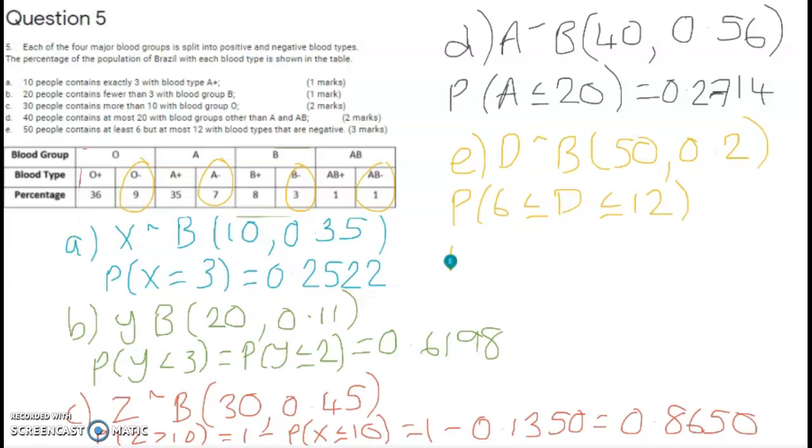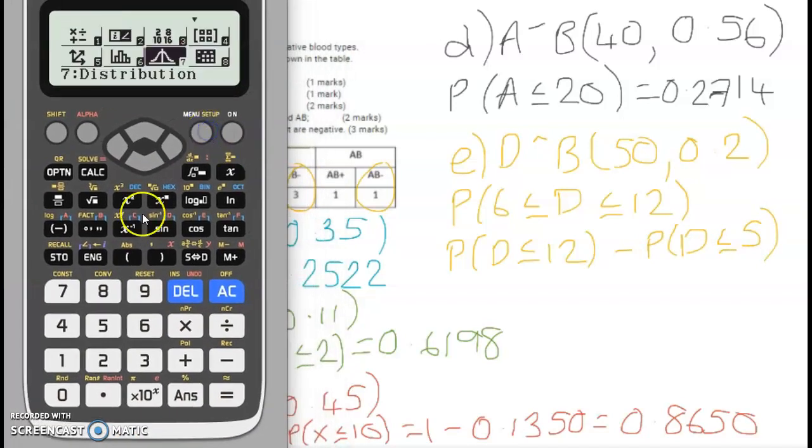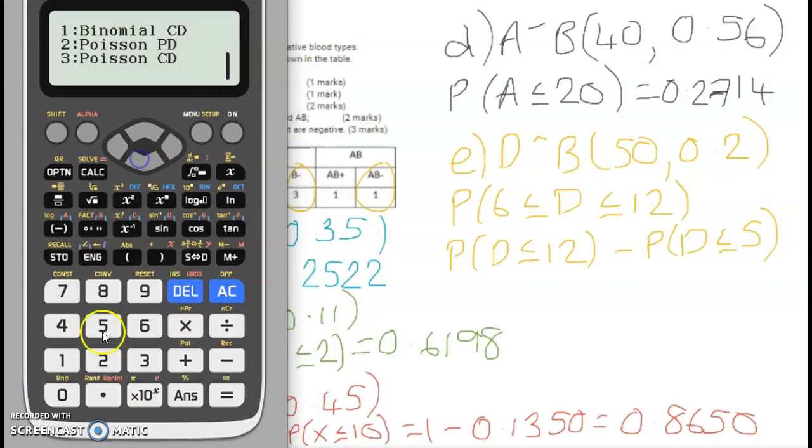So for this one, I'm going to do less than or equal to 12 minus, be careful here because I do want 6, so I'm going to subtract 5 this time. So again, menu 7, scroll down to binomial CD, and I want 12 and I want 5 with an n of 50 and a probability of 0.2.